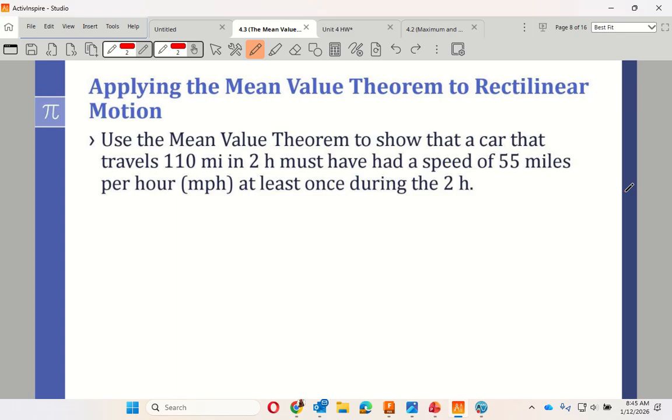All right. So, we're going to go over the mean value theorem to show that a car that travels 110 miles in 2 hours must have a speed of 55 miles per hour at least once during the 2 hours. So, let's go ahead and first, what's the mean value theorem start with?